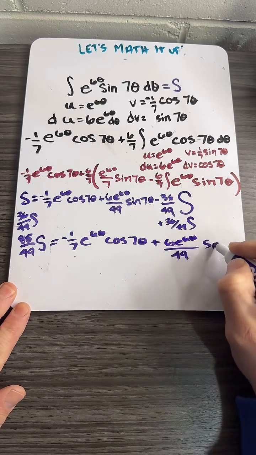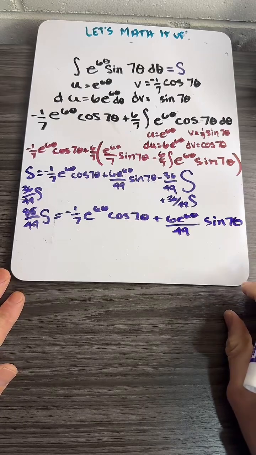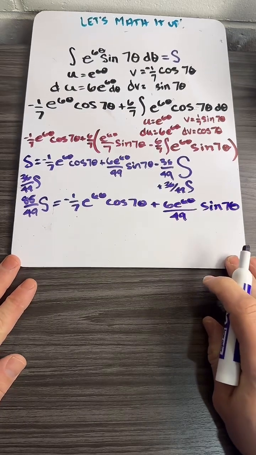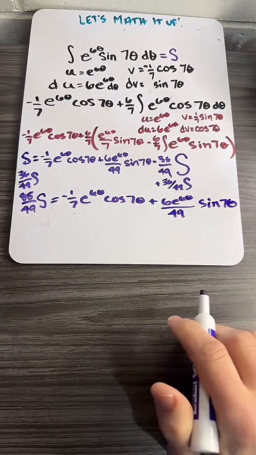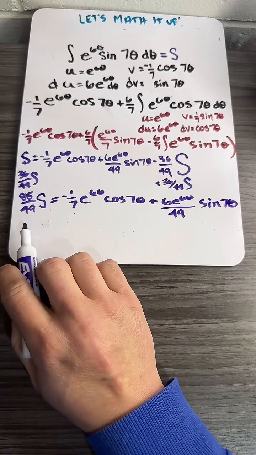All right, so now let's see what we can do from here. It's equal to s. Yeah, so now we just multiply by 49 over 85.